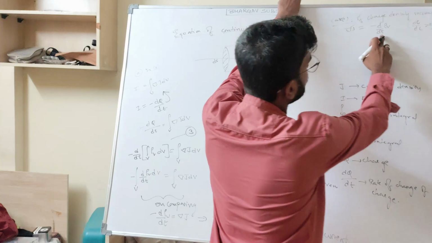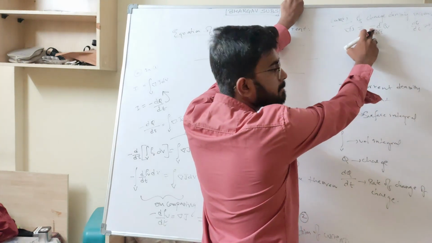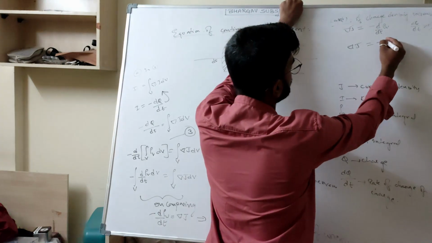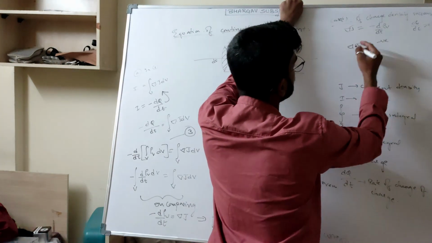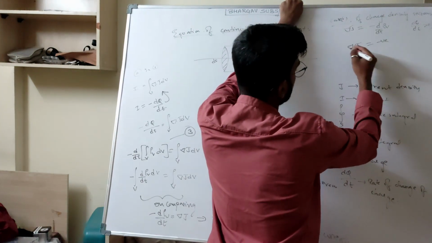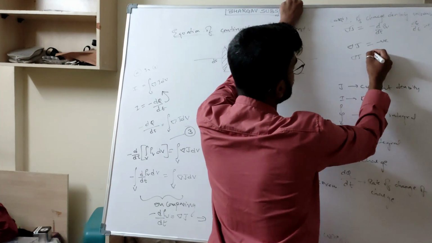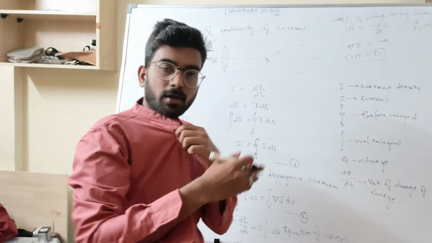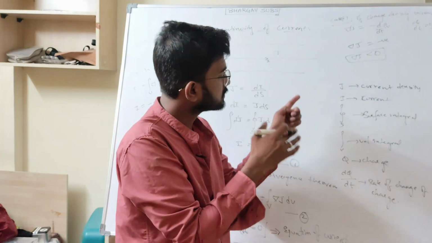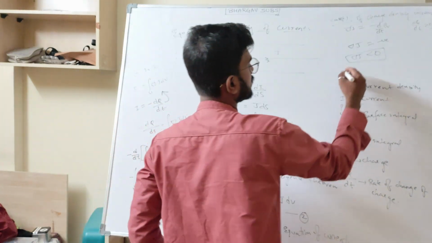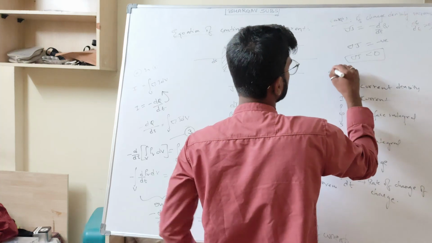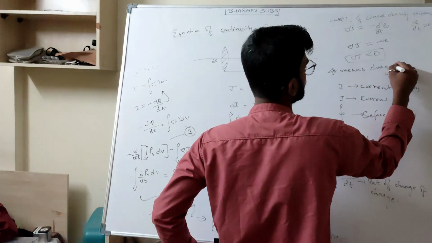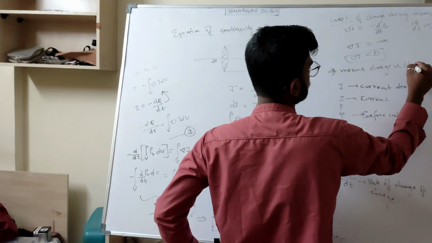If I substitute positive here, positive into negative is negative, so gradient j is negative, less than 0. What it means is that charge was flowing outward. So charge is flowing outwards.